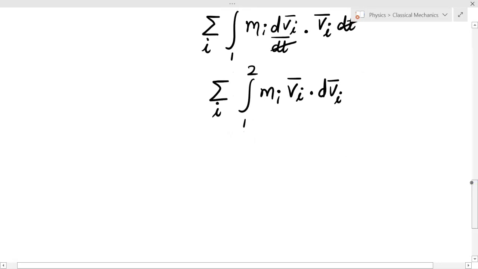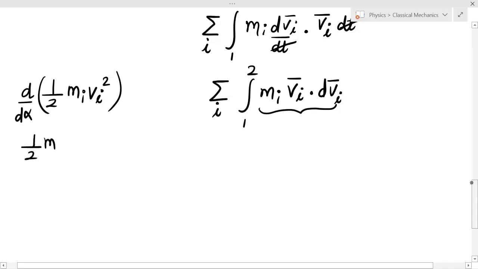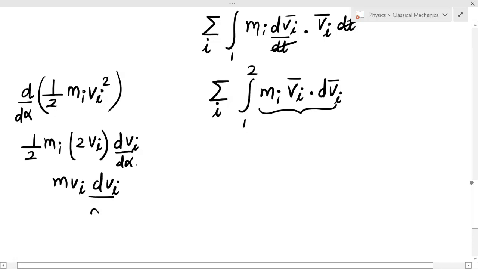Okay, now what is this whole term? Suppose I have half mi vi square, where vi is my variable and mi is my constant. If I take the differential of this with respect to some variable alpha, it will be half mi, 2 times vi, that is the differential of vi, times dvi by d alpha. So here what I am getting is mi vi dvi by d alpha.